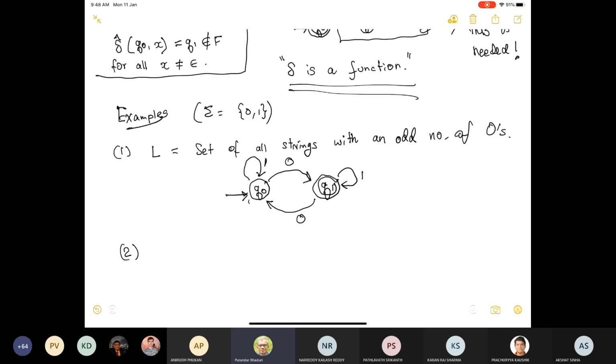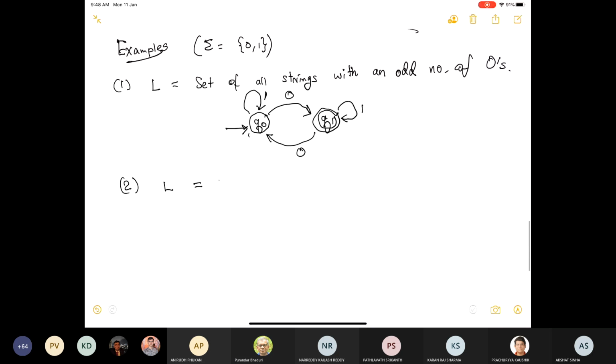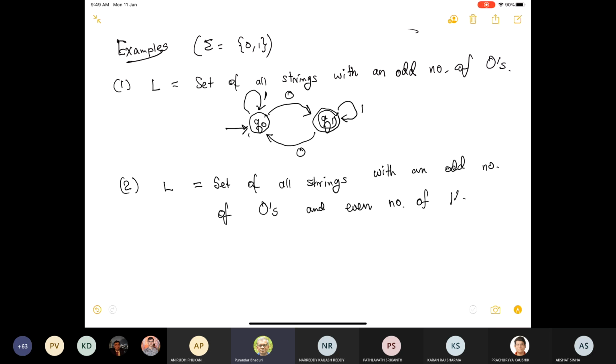Let's take some more. Suppose you want the language of the set of all strings with an odd number of zeros and even number of ones.